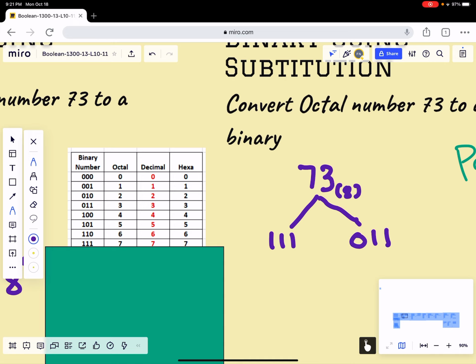I bring them close together, so I put 1, 1, 1, 0, 1, 1. So this is binary. As you can see, this method is easier than changing to the decimal number. You just look straight at the table and write down the binary equivalents of the octal. Make sure that you group 3 digits, because an octal digit is a combination of 3 bits, from 0 to 7. So that's the way you convert from octal to binary.